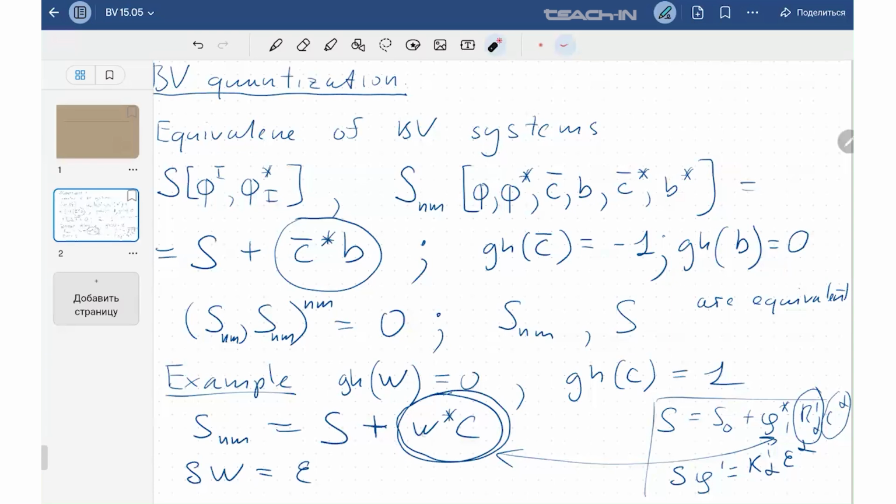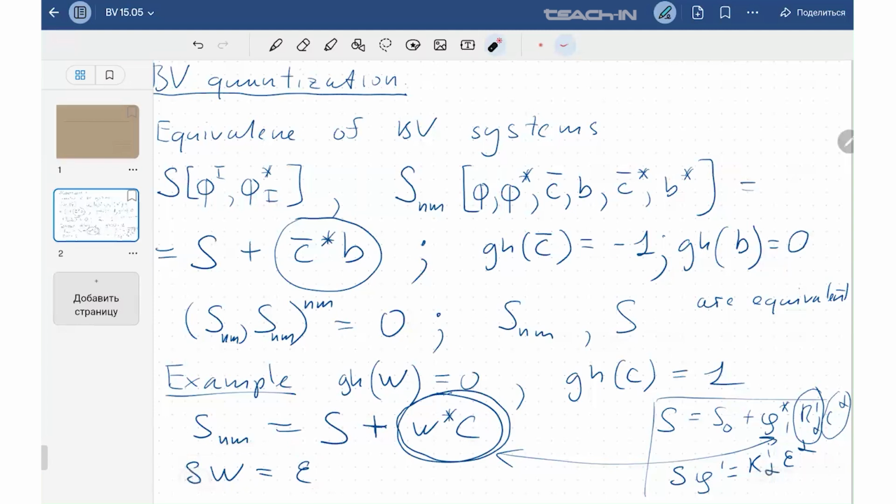So this W is a field for which gauge symmetry is just a shift transformation. But in BV formalism, where the BV master action takes care not only of the Lagrangian but also of gauge symmetries, reducibility relations between gauge symmetries, etc., such a term W star C encodes this gauge transformation, which we discussed.